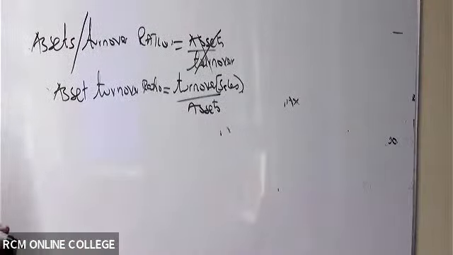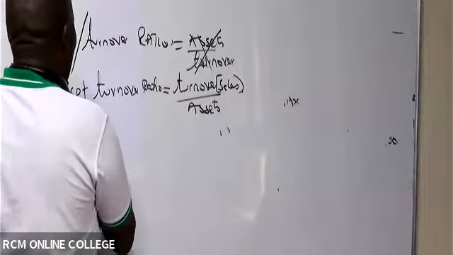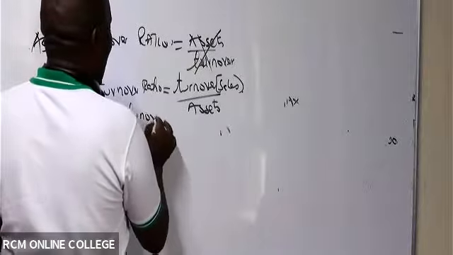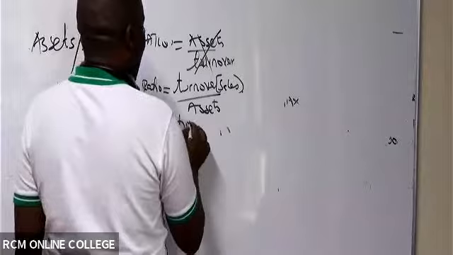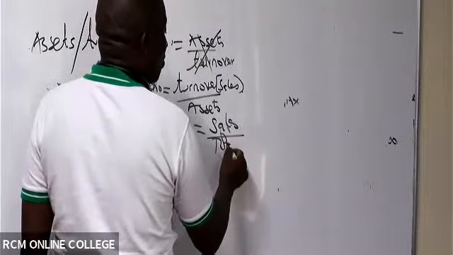In most cases, the examiner will tell you which assets turnover ratio they want you to compute. If they want total assets turnover ratio, then I will take sales over total assets.